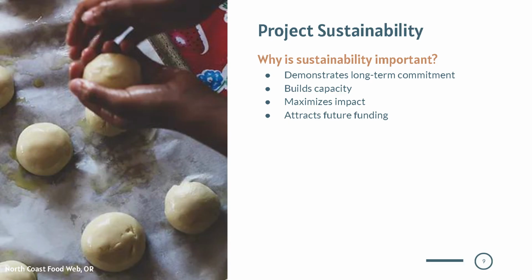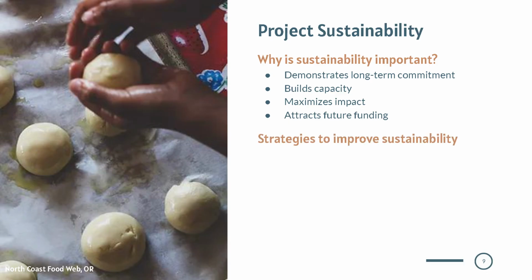Sustainable projects build the capacity within the organization in order to maintain the project's activities independently from grant funding. This increased capacity maximizes beneficial impact on their communities of need. Additionally, a sustainable project can increase your chances of attracting future funding opportunities.